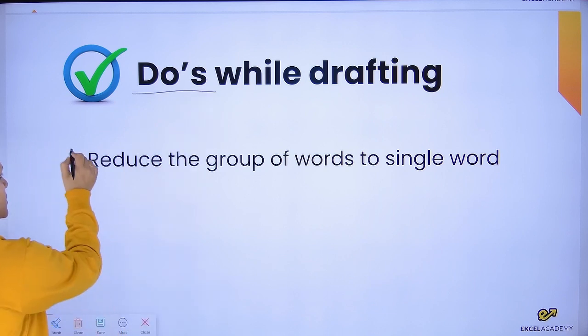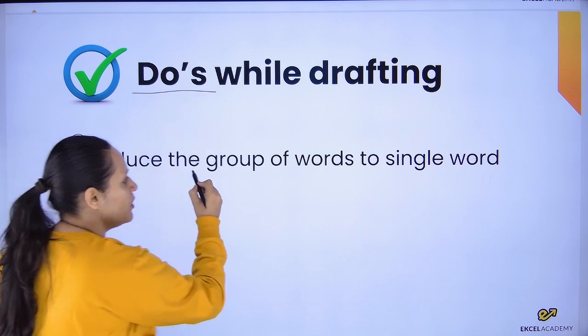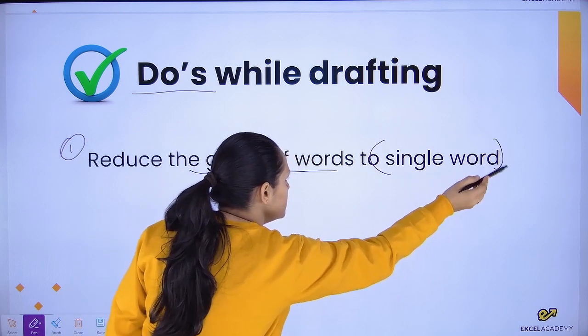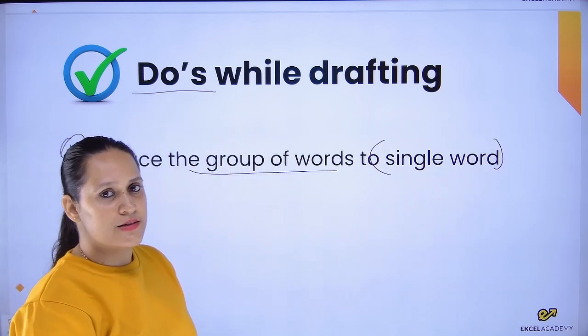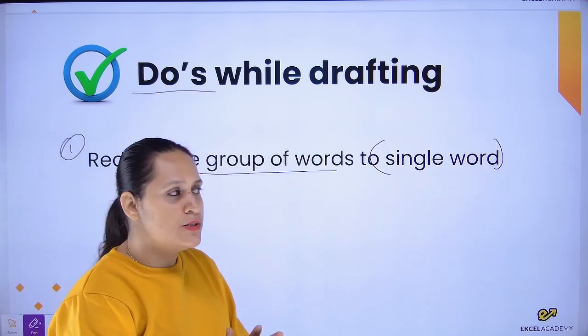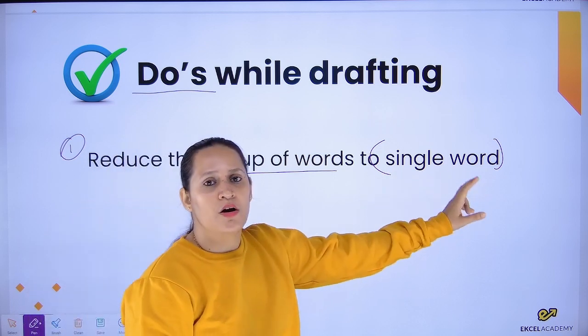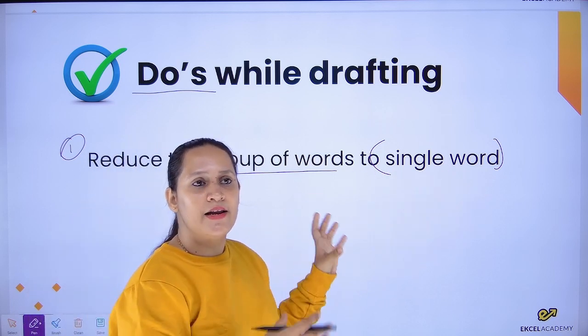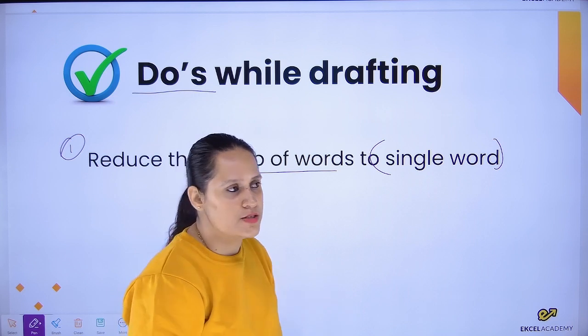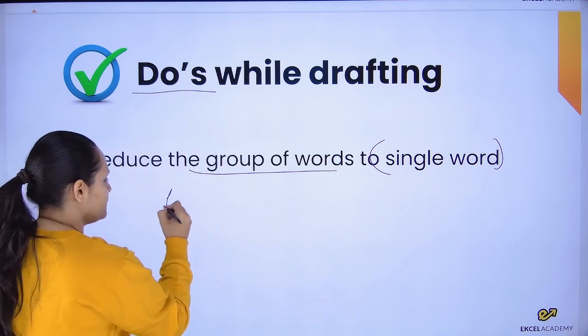First and foremost is reduce the group of words to a single word. This we had also covered in the previous class, where they are saying as far as possible, where you can use a single word rather than writing a long sentence or a group of words. Let's take an example.